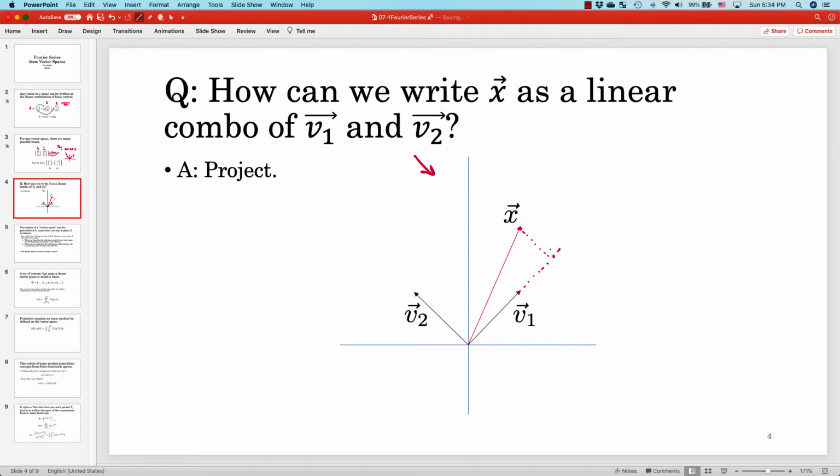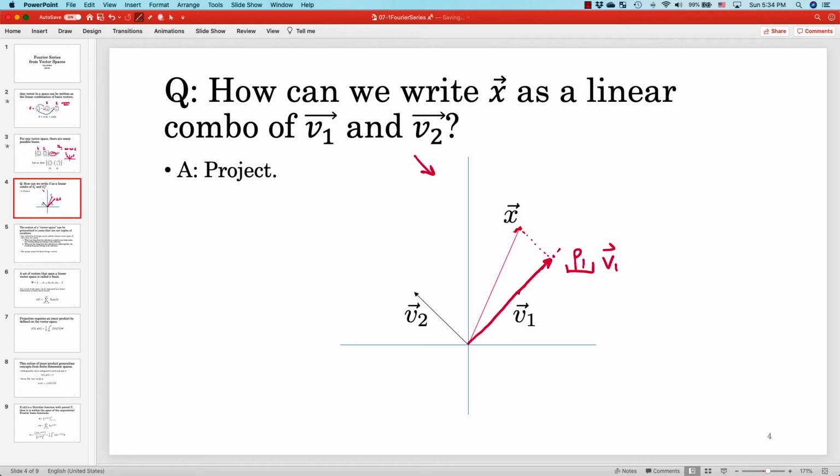And in this case, the shadow is actually longer than v1. But I hope what you see here is that this vector, from the origin out here, is going to be some scaled version of v1, where we don't quite know the scaling factor yet, but because it's in the direction of v1, it's going to be a scaled version of v1. So for now, I'm just going to call that scaling factor p1.